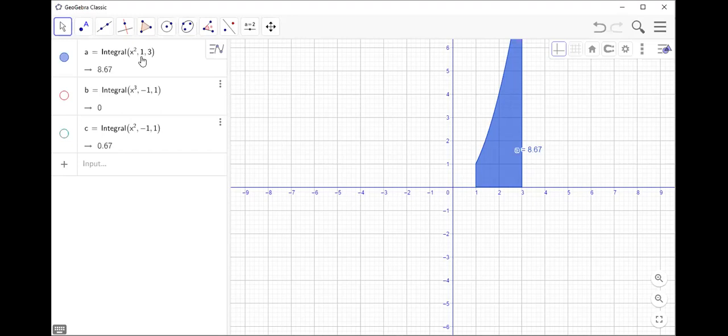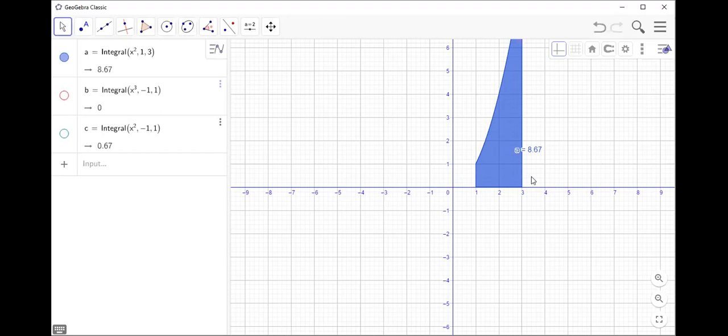But when we put limit from 1 to 3, that is x equal to 1 to x equal to 3, this is the region bounded by the curve y equal to x square, x from 1 to 3 on the x-axis.